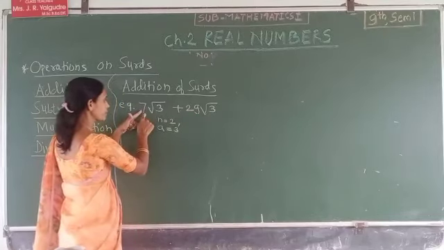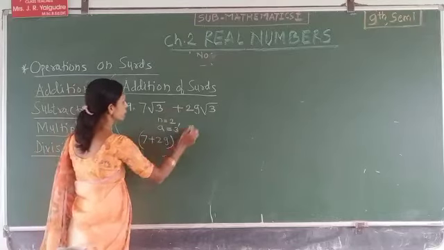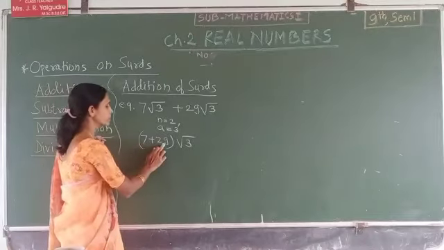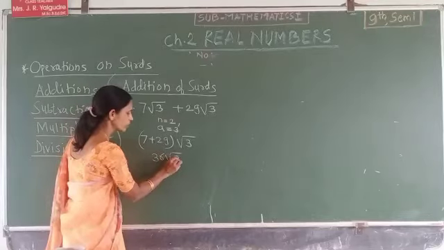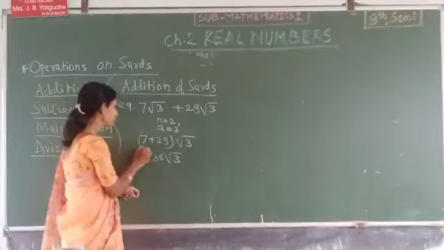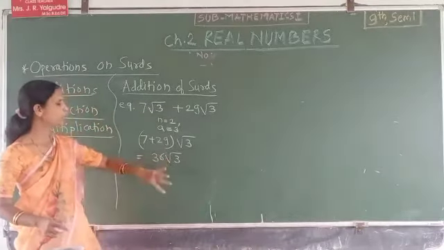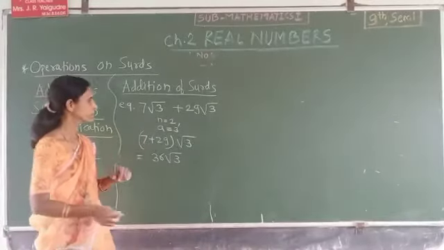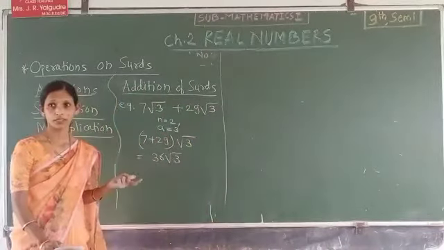See here, 7 plus 29, and root 3 is taken as common, and therefore 7 plus 29, that is 36 root 3. We can write that surd in simplest form, or we can convert it into mixed form also. That is about the addition of surds.